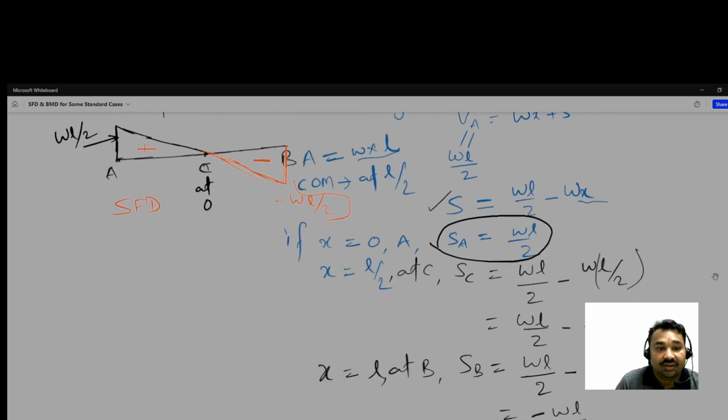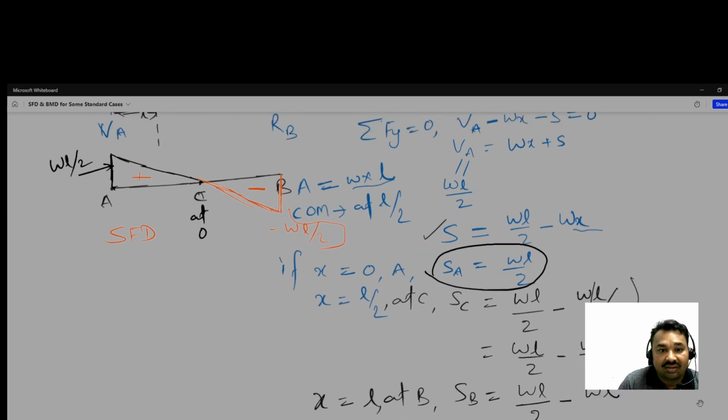What about the bending moment diagram? Without even calculating the shear force at B, we can draw it from the left section, however we have already calculated it, so from that also we can verify.